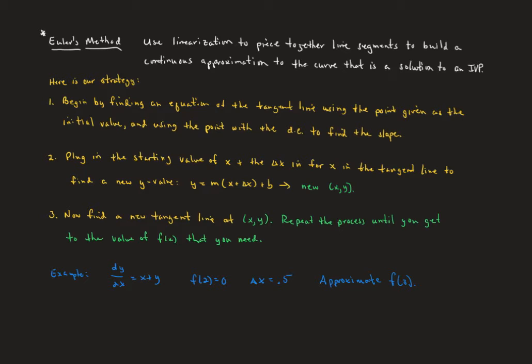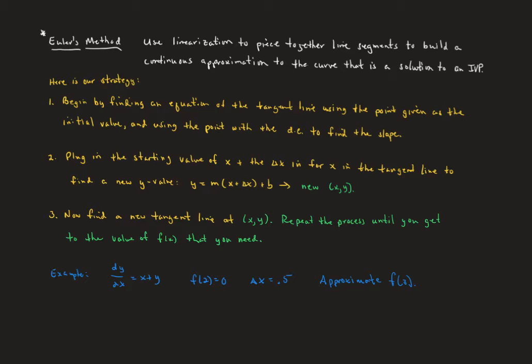Okay, so the idea for Euler's method is we're going to use this linearization to piece together little line segments to build a continuous approximation to the curve that is a solution to the initial value problem. So we're using the whole local linearity thing of a differentiable function. So here's our strategy.